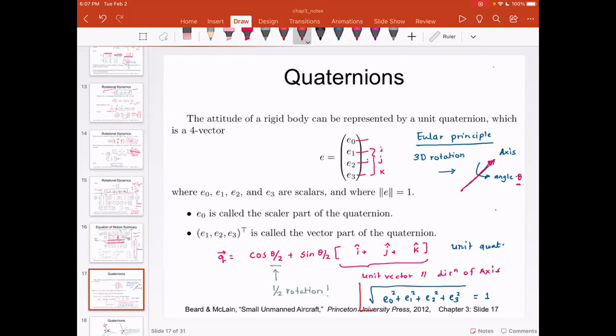So E0 squared plus E1 squared plus E2 squared plus E3 squared must be equal to 1. This is similar to the unit vector that we look at when we study statics or dynamics. So every time we are performing any transformation, the quaternion must be a unit quaternion.